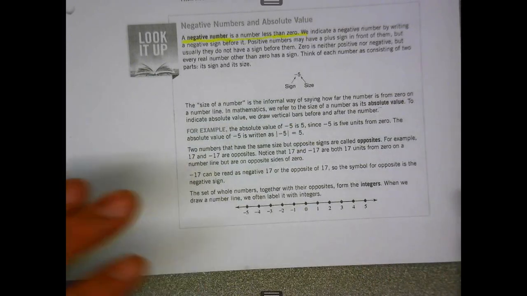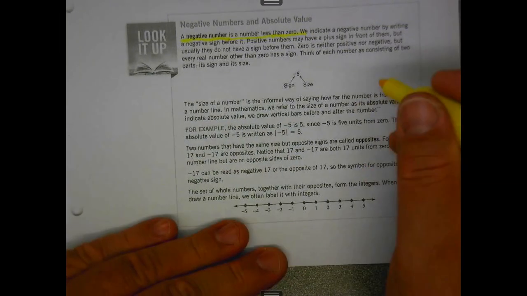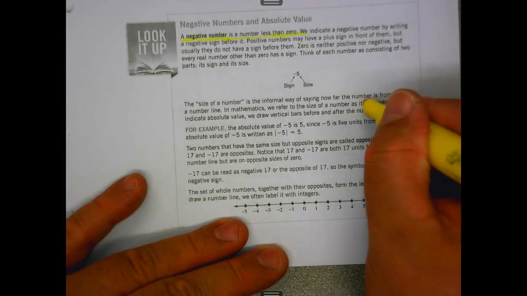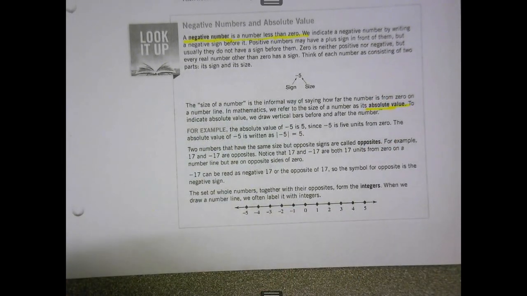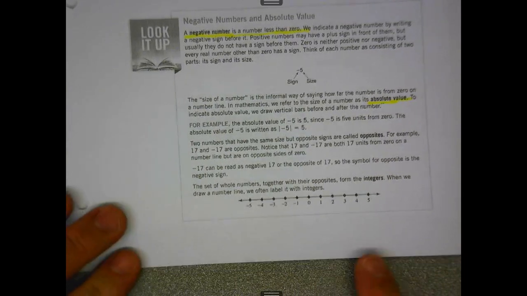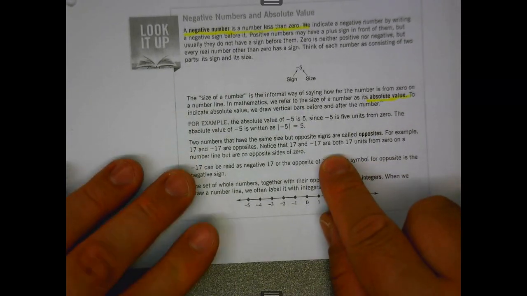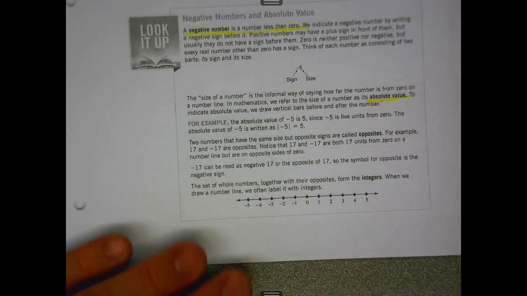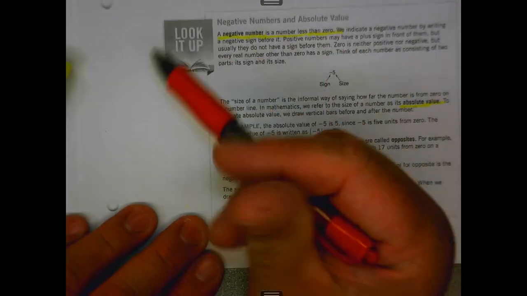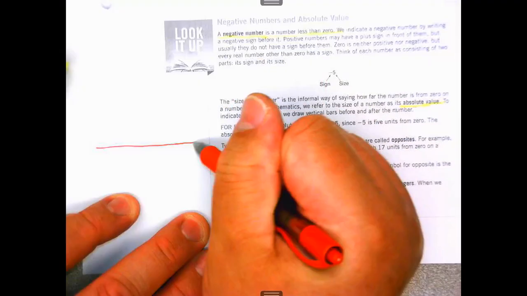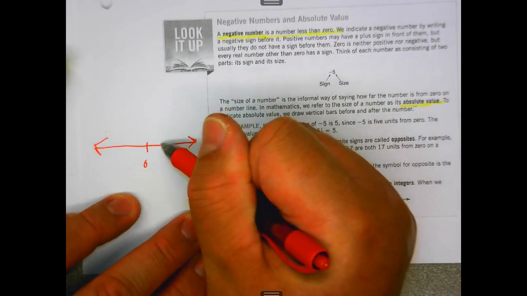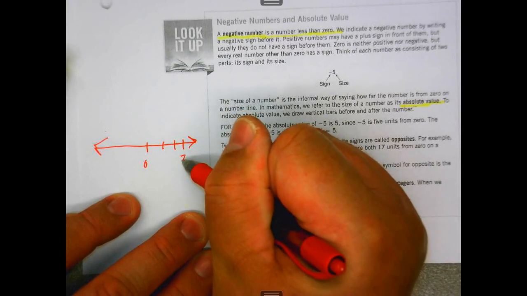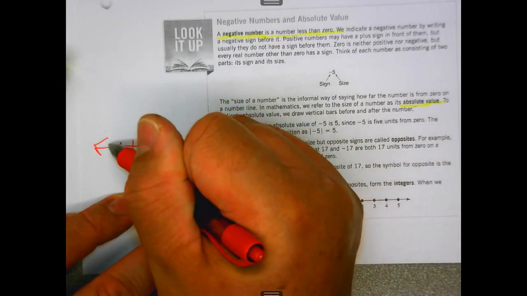So let me explain this a little bit. Let's look at a number line here. I'm going to go ahead and put a number line in. Okay, here's 0. Here's 1, 2, 3. Here's -1, -2, -3. Now when we talk about absolute value, a good definition is distance from 0.